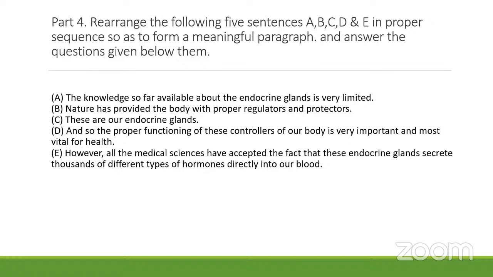Second: nature has provided the body with proper regulators and protectors. Third: these are our endocrine glands. Fourth: the proper functioning of these controllers of our body is very important and most vital for health. Fifth: however, all medical science has accepted the fact that these endocrine glands secrete thousands of different types of hormones directly into our blood.